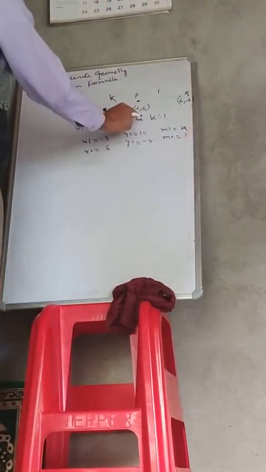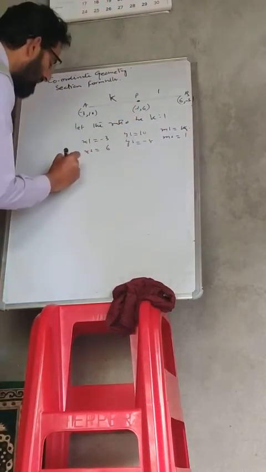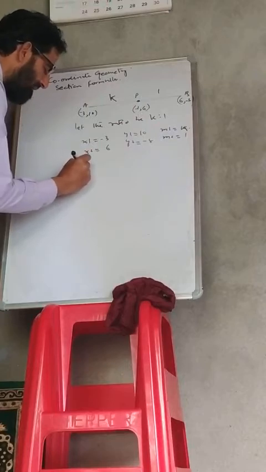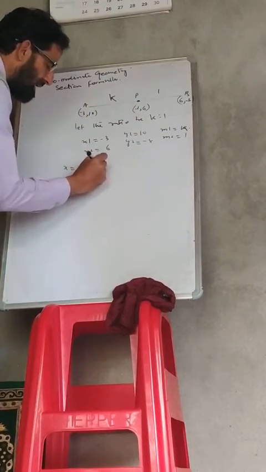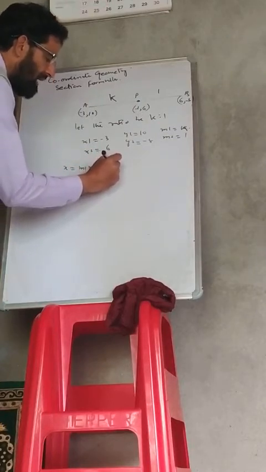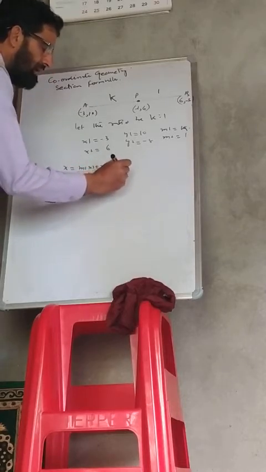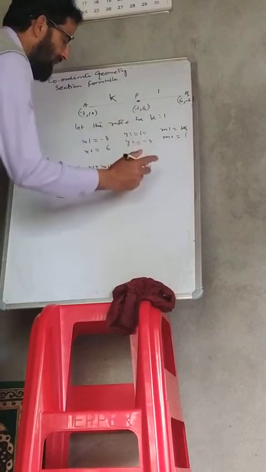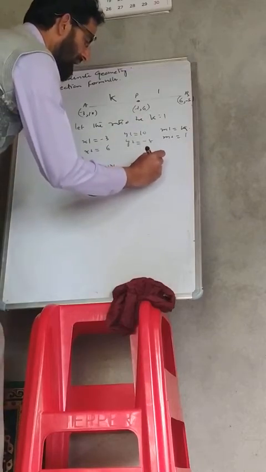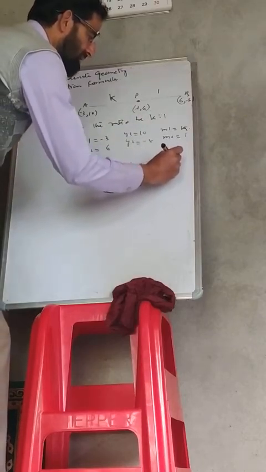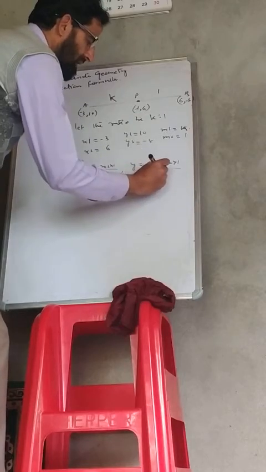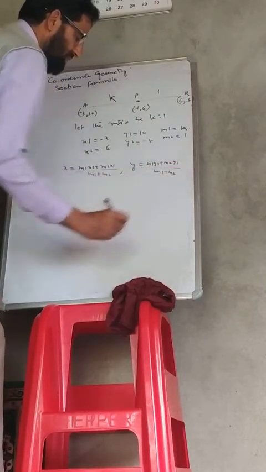Now x is equivalent to M1 x2 plus M2 x1 divided by M1 plus M2, and the y coordinate of this point is given by M1 y2 plus M2 y1 divided by M1 plus M2.